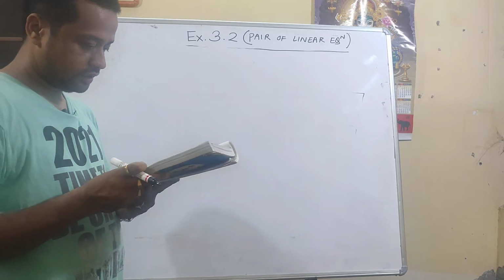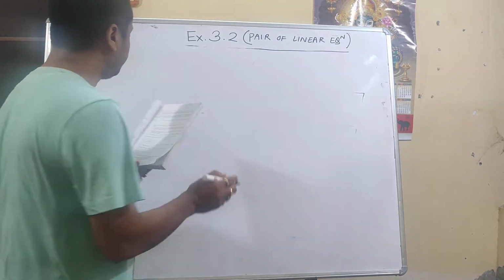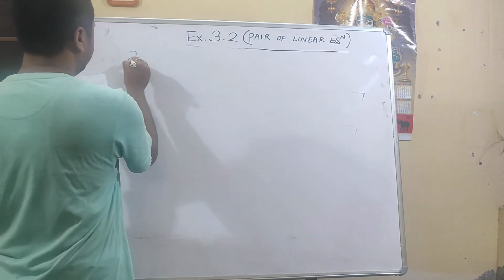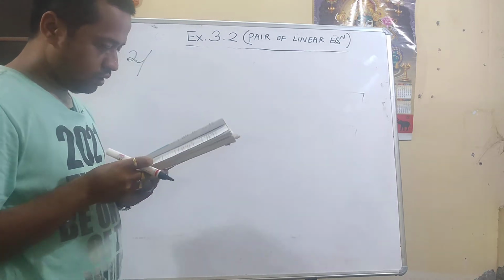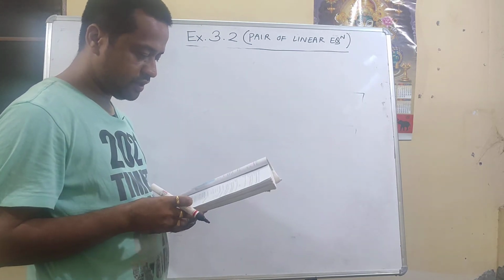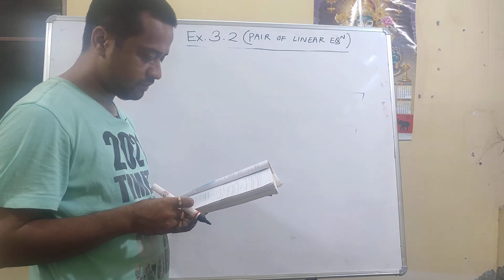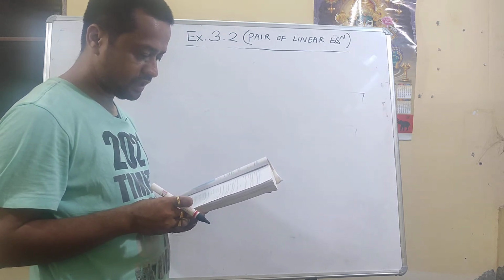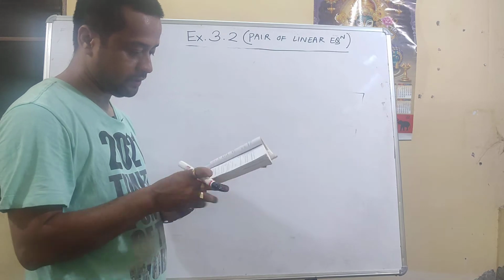So let us go to question number 2. On comparing the ratios A1 by A2, B1 by B2 and C1 by C2, find whether the lines representing the following pairs of linear equations intersect at a point, are parallel or coincident.